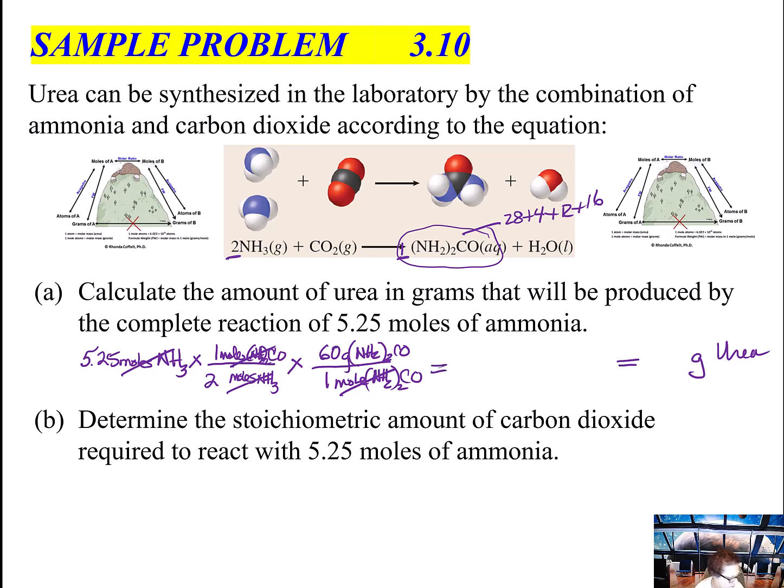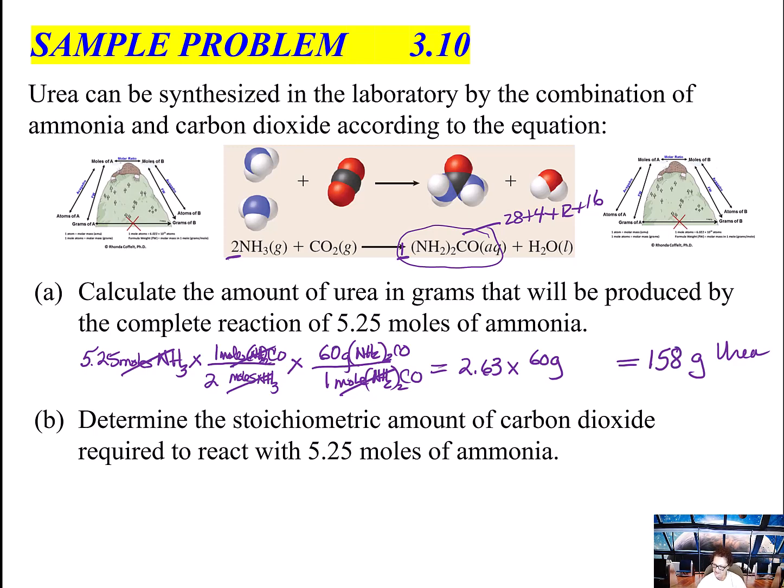Okay, and so when we do that calculation, 5.25 times 60 equals, and then divided by 2, and that is going to give us 2.63 moles of urea. And then when I multiply it times the 60 grams, that tells me that I'm going to need 158 grams of urea, right?